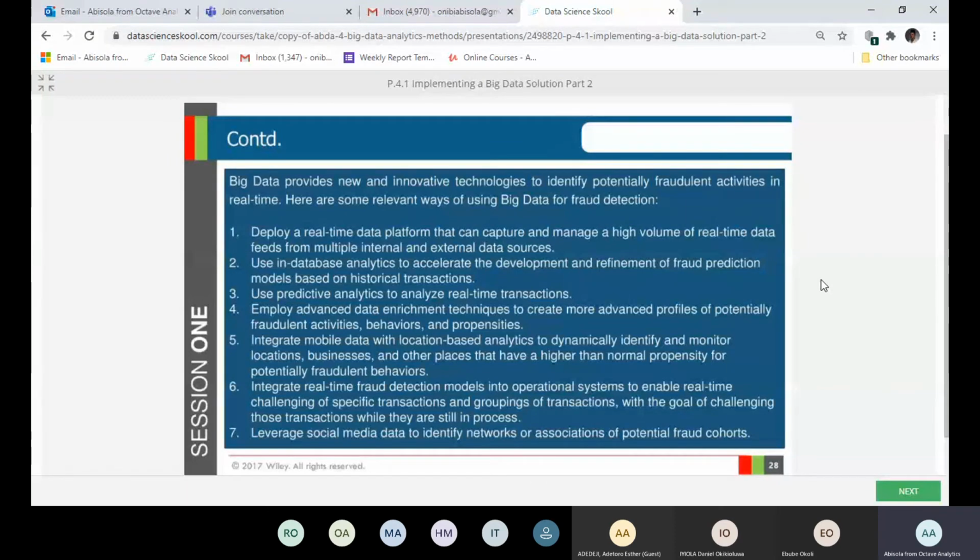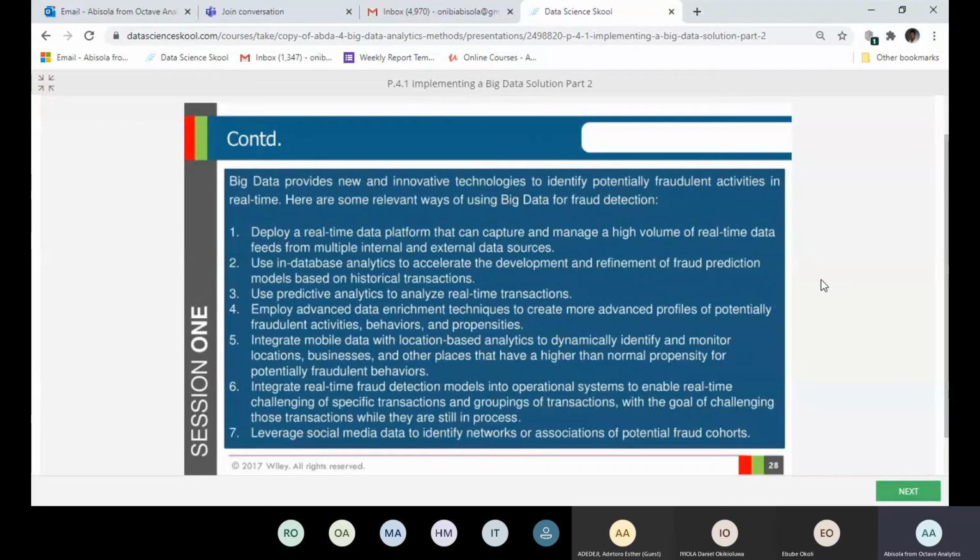That is one thing big data can help you to do in fraud detection. Also, you could have real-time fraud detection models that, based on historical data of this customer, say this customer has a high potential of performing fraud because he has performed fraud at a particular point or the other.